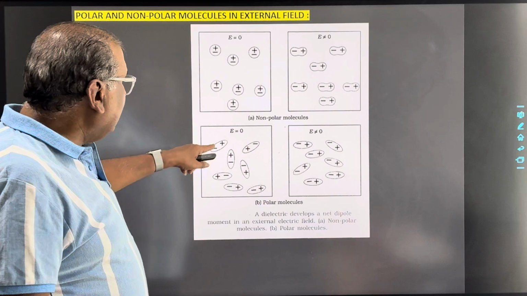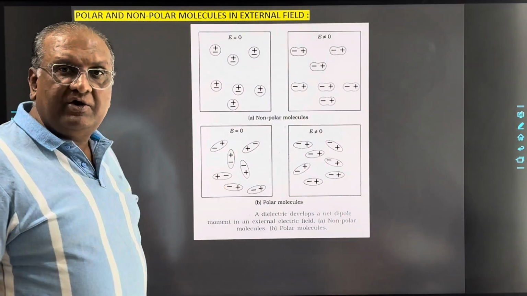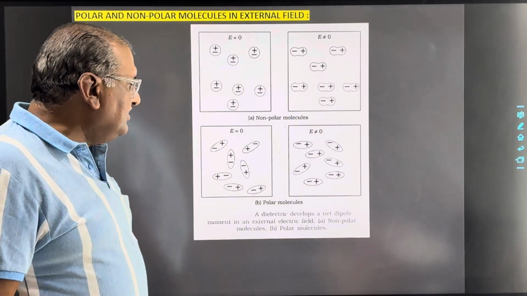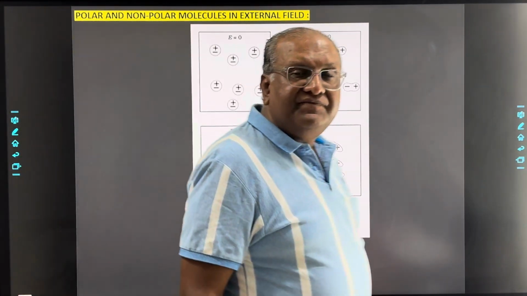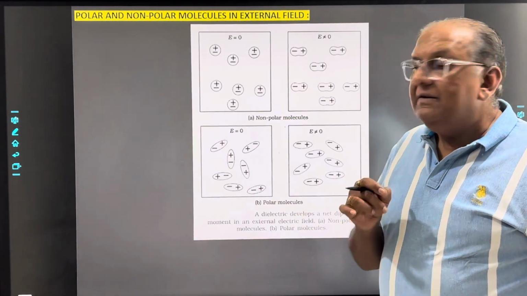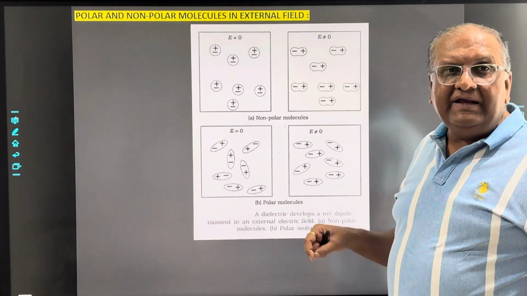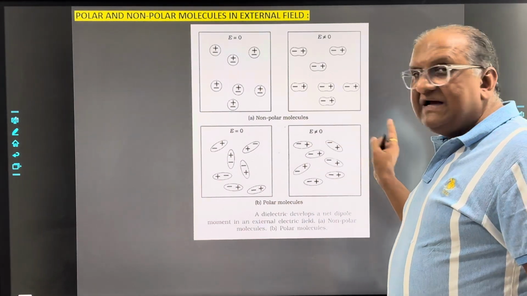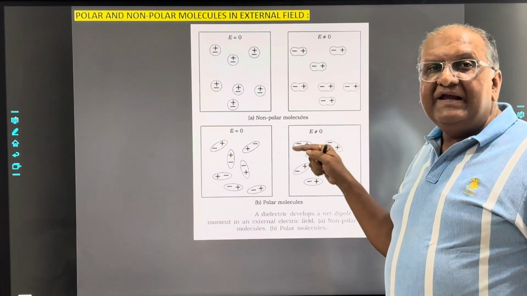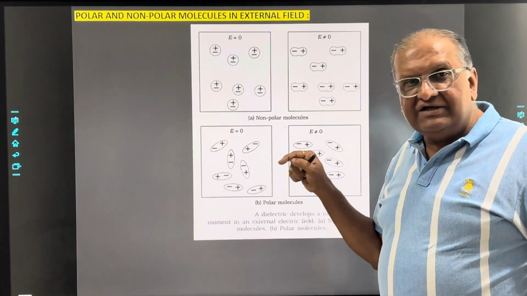Similarly, if we think about the polar molecules, then each polar molecule has some dipole moment. But due to random orientation of all these, the net dipole moment of the substance is 0. But in the external field, again the positive charges will experience forces in the direction of the field, negative charges will experience forces in the opposite direction of the field.